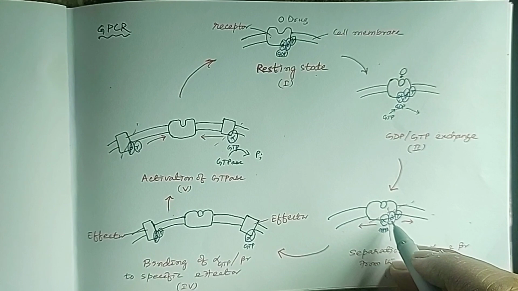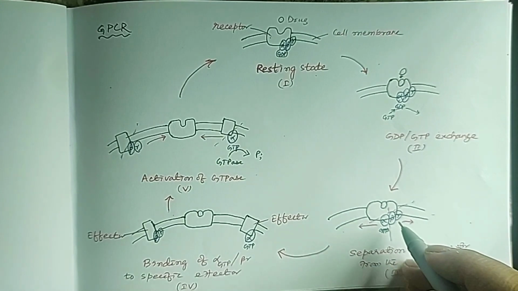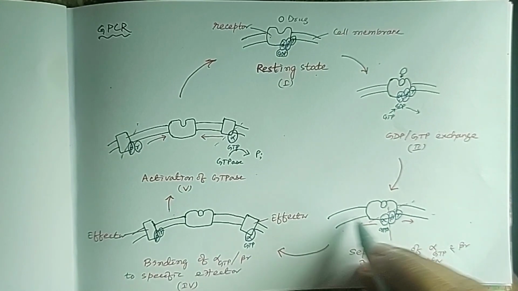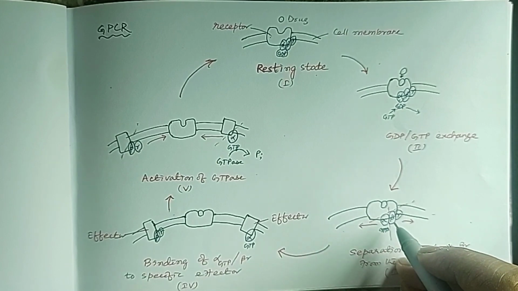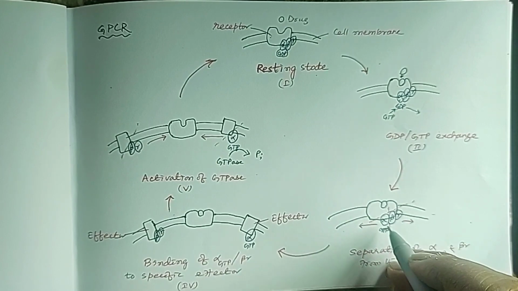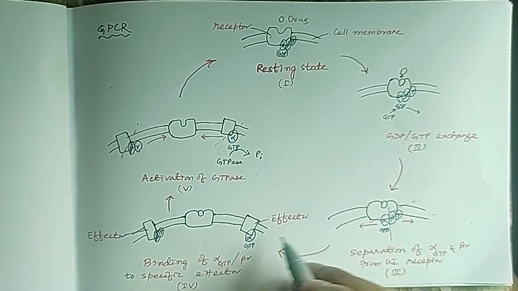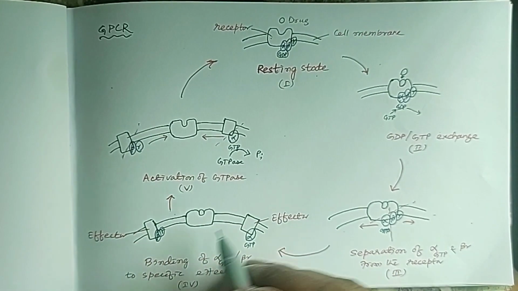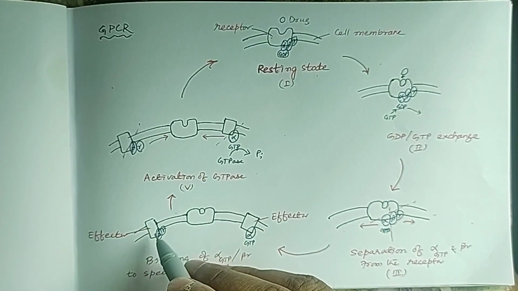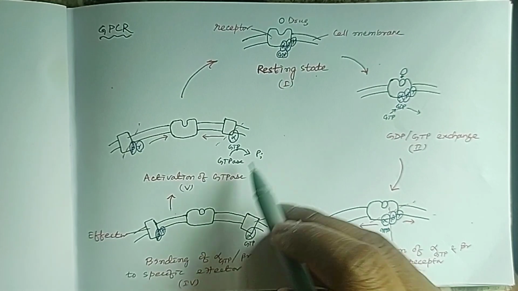The G protein has two properties. One is it is highly diffusible, it can freely move on the cell membrane, and it is highly specific. So alpha GTP and beta gamma will freely move and bind to specific effectors.